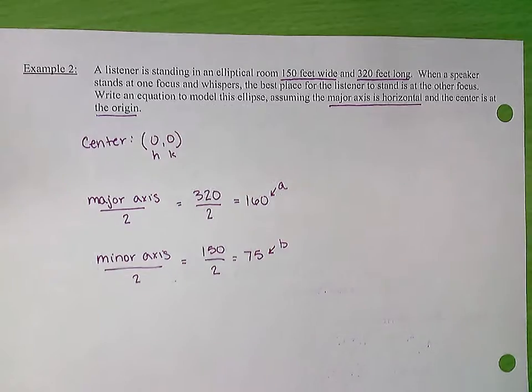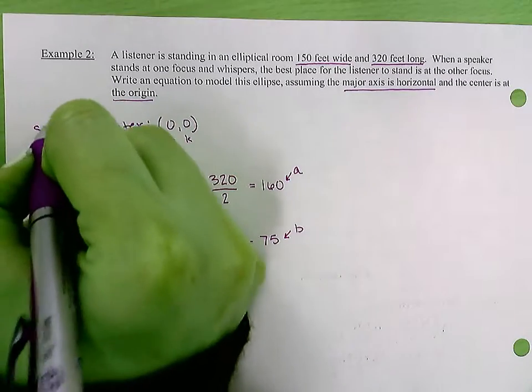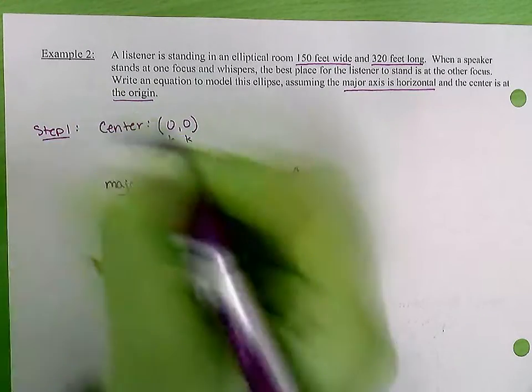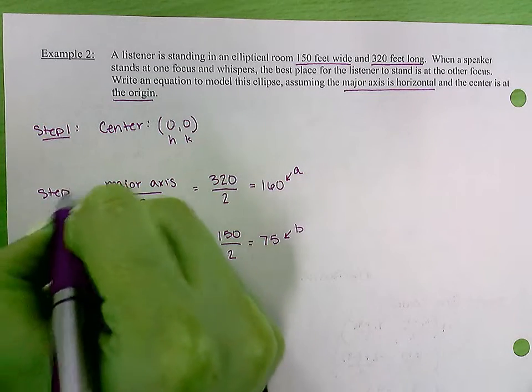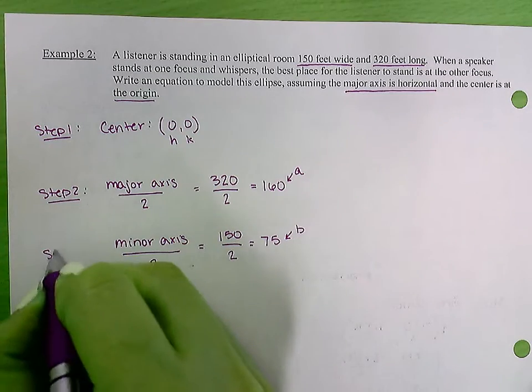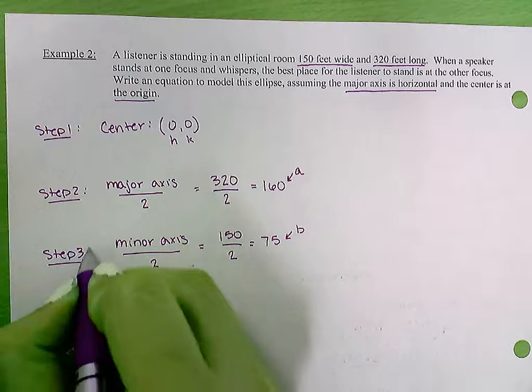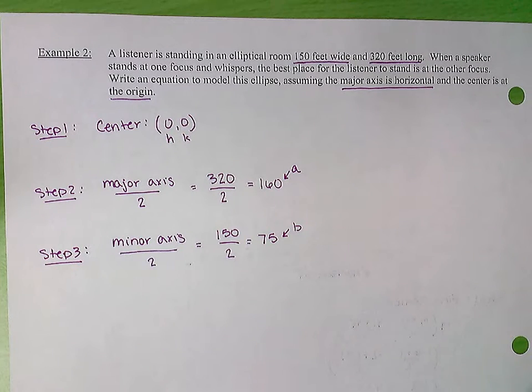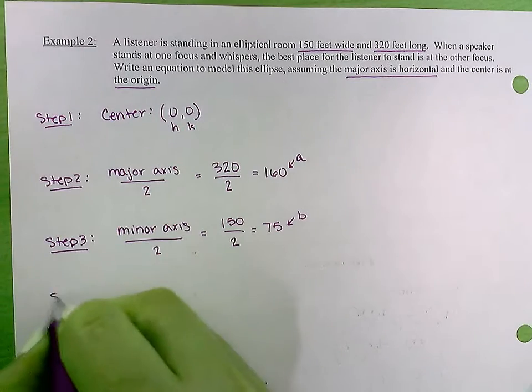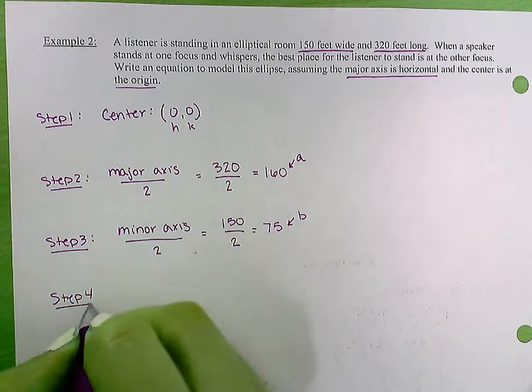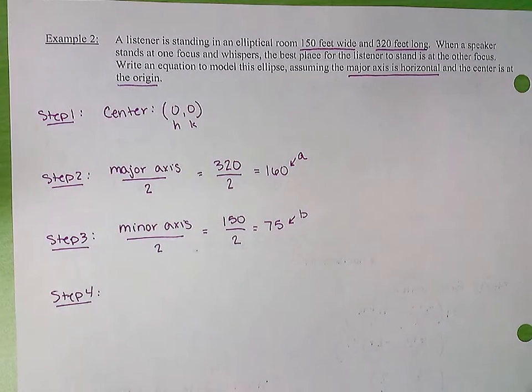And that's B. Okay, so step 1 was find the center. That gave you the center. Step 2 is find A. We found A using our major axis. Step 3, find B, use your minor axis. Then the last step is step 4. That's to write out your equation.